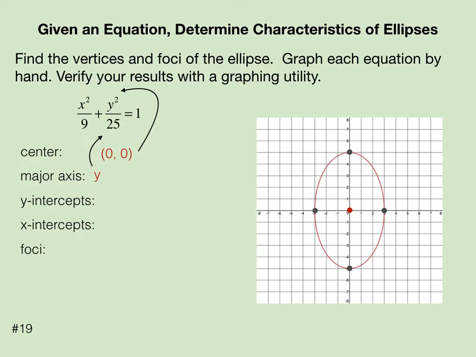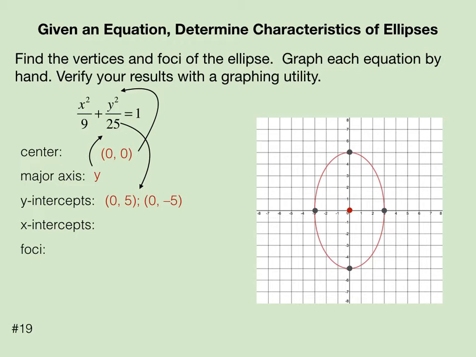My y-intercepts I can get not only from my graph, which is 5 and negative 5, but I could take the square root of this 25. I know the square root of 25 is 5, and so from my center of 0, 0, I could go 5 up and 5 down from that. So 0, 5, and 0, negative 5.